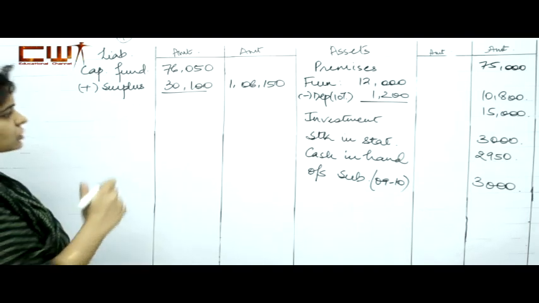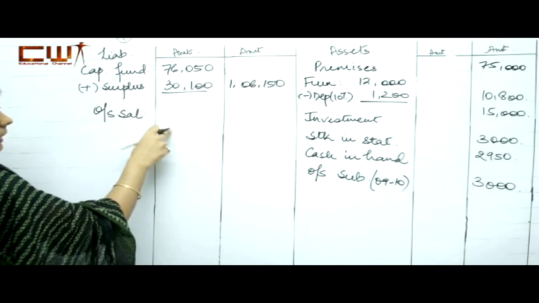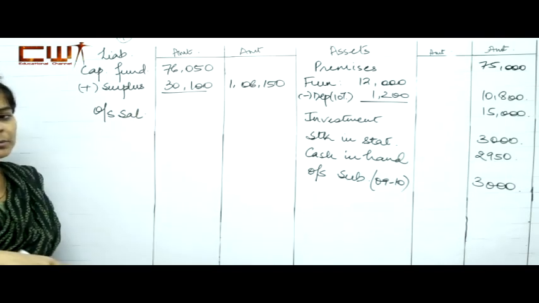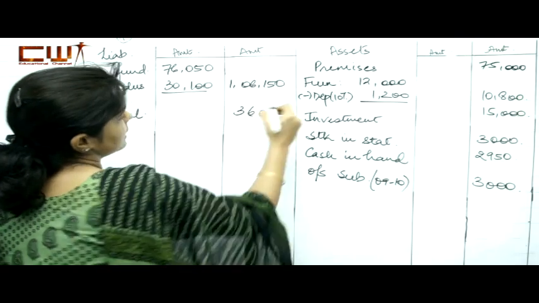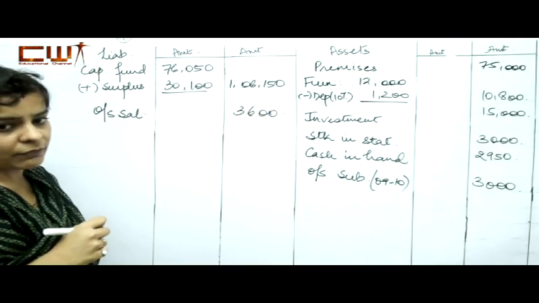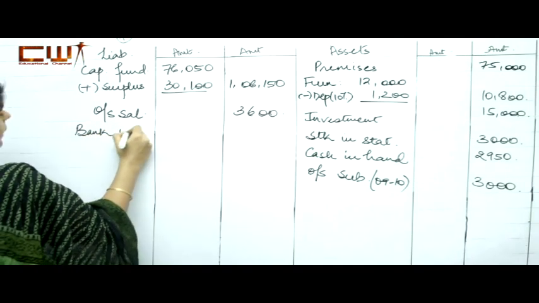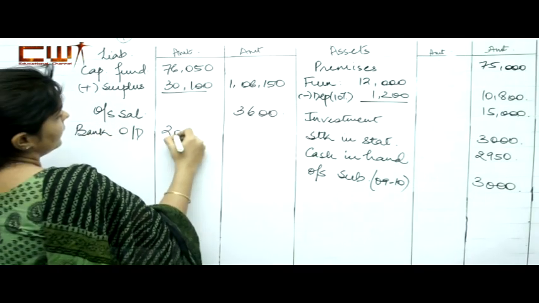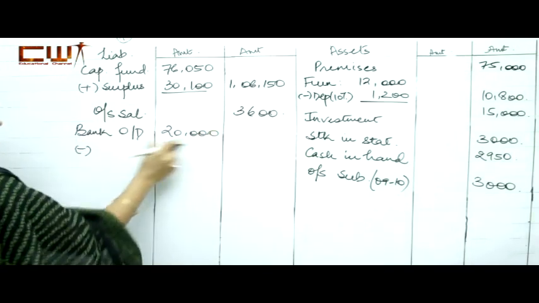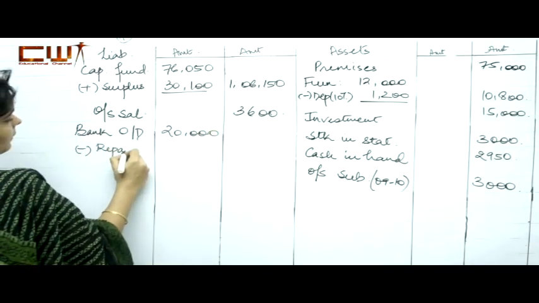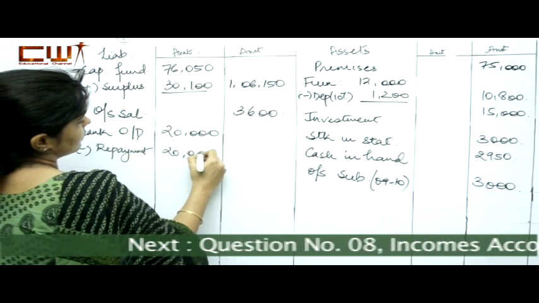Next will be the outstanding salaries. All the outstanding expenses will come on your liability side. So outstanding salary is 3,600. Right? Next they have given bank overdraft. Bank overdraft is 20,000, and they have paid it also, that is repayment of bank OD, 20,000.